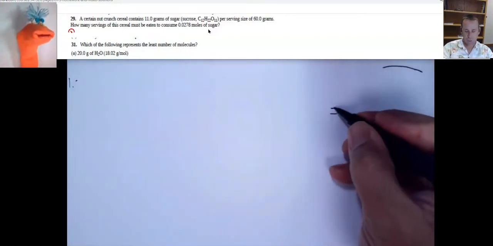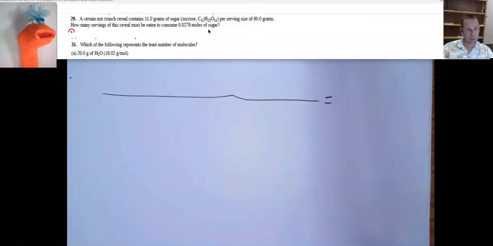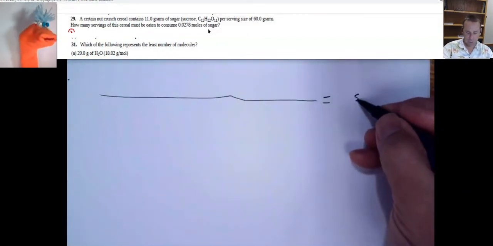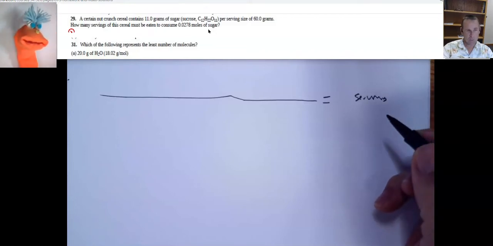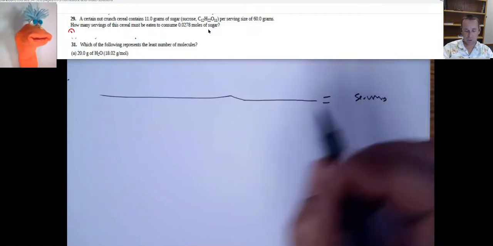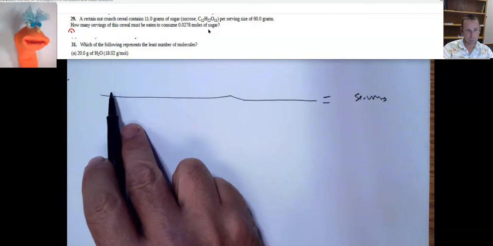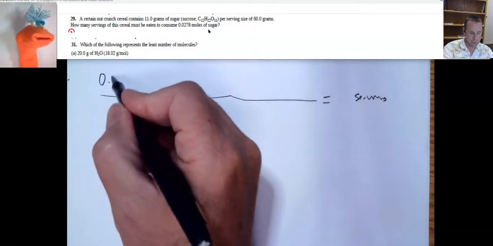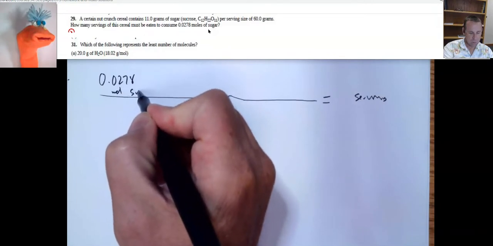So what do I want? What's to the right of my equal sign? Servings? That's right. I want how many servings. And what am I trying to get those servings to provide for me? The moles of sugar, the 0.0278. Good, 0.0278 moles of sucrose.